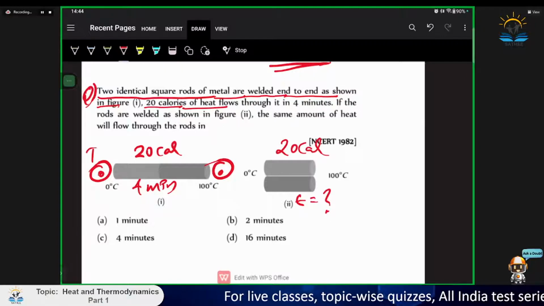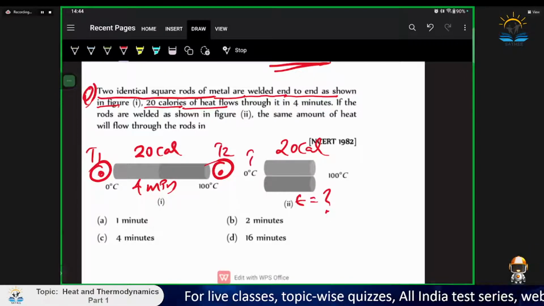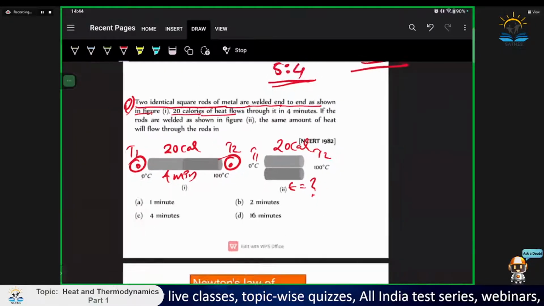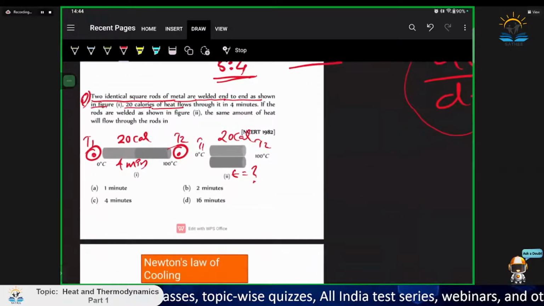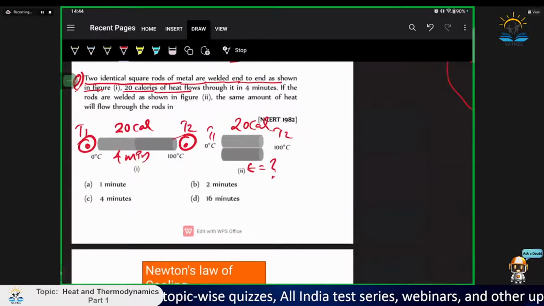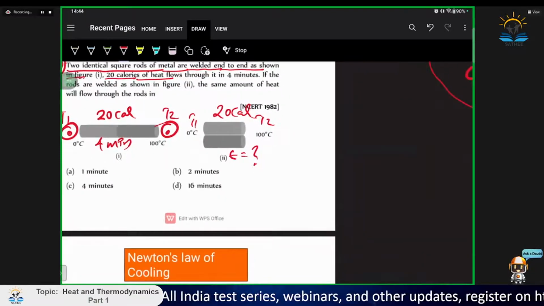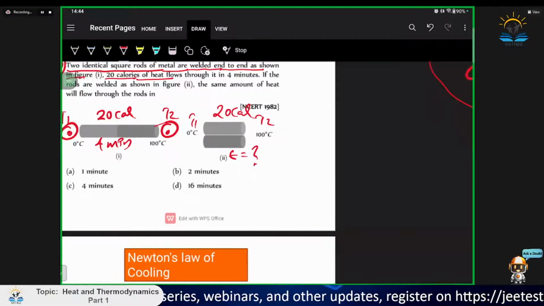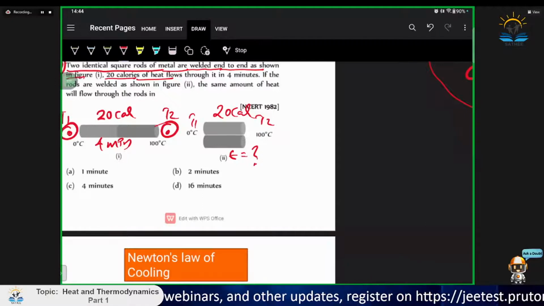T1, T2 is given. So as we all know how to measure resistance in parallel and series connection. I hope everyone knows that in series and parallel connection, how to measure the resistance.